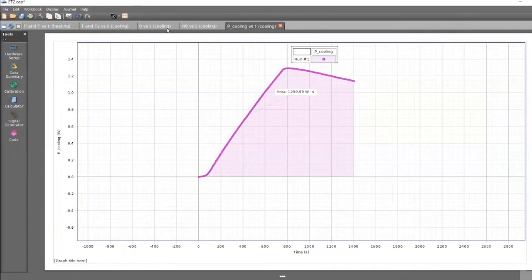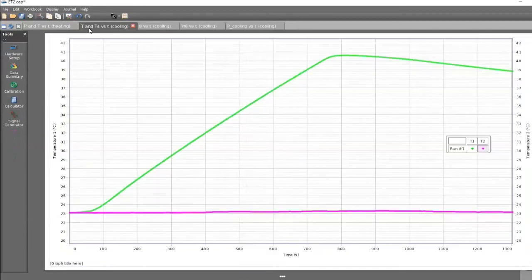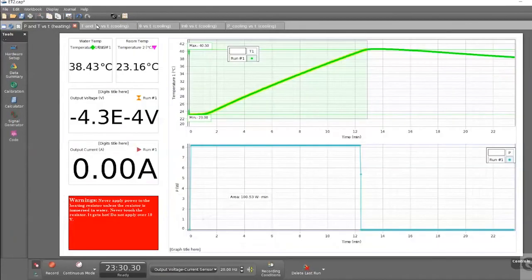So we'll just go back and just remind ourselves of the graphs at the beginning. So the bottom graph is the amount of electrical energy added to the system when you convert it to watt seconds or joules. The top graph will tell you the maximum and minimum temperatures of the water and the aluminium.